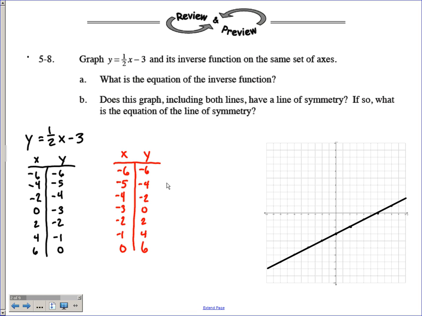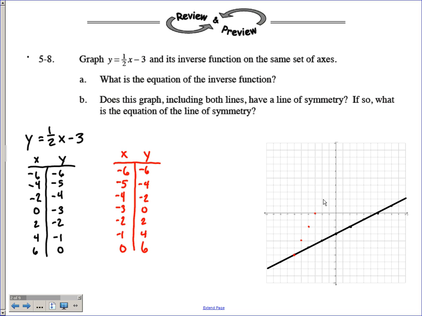So I'd be at -6, -6, so that ends up being on the same location as the -6, -6 on our other graph. And then we've got -5, -4. So back 5, down 1, 2, 3, 4. We've got -4, -2. We've got -3, 0.